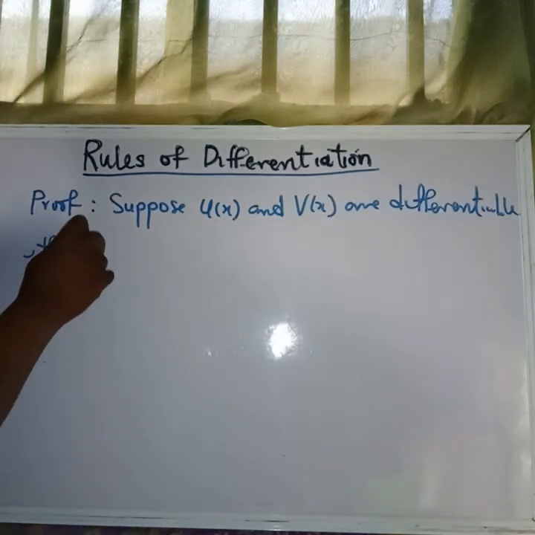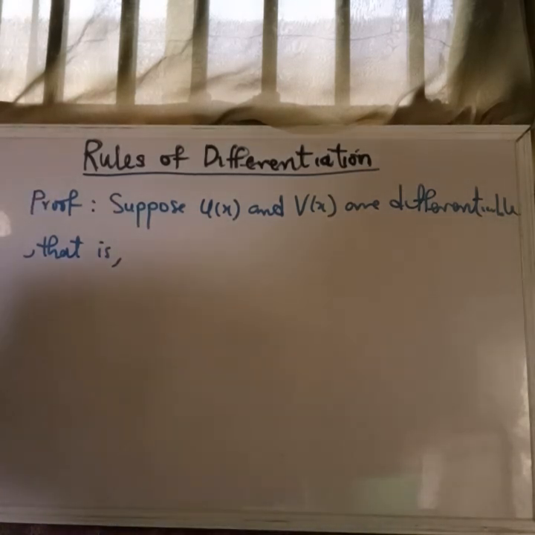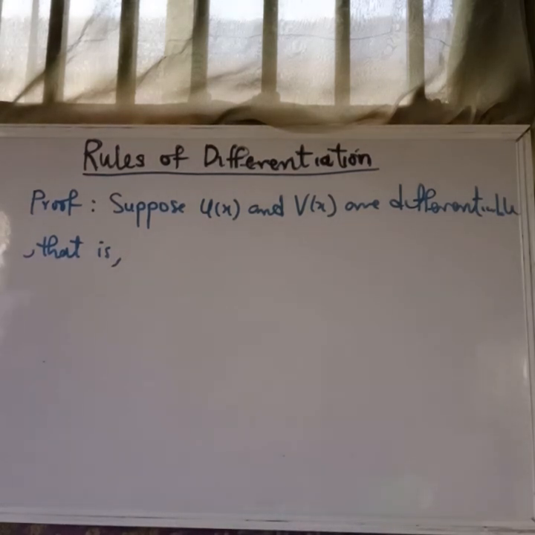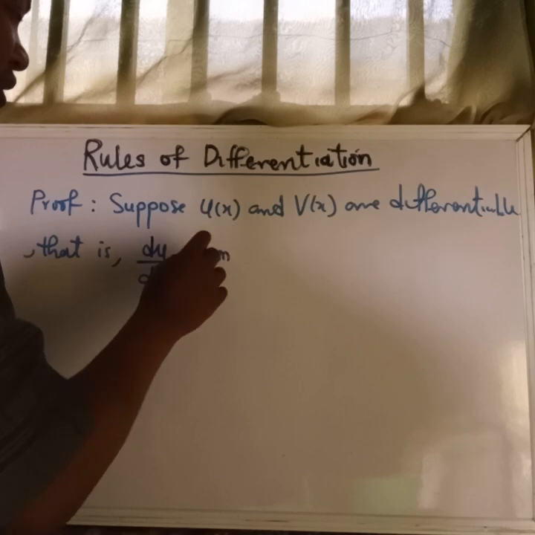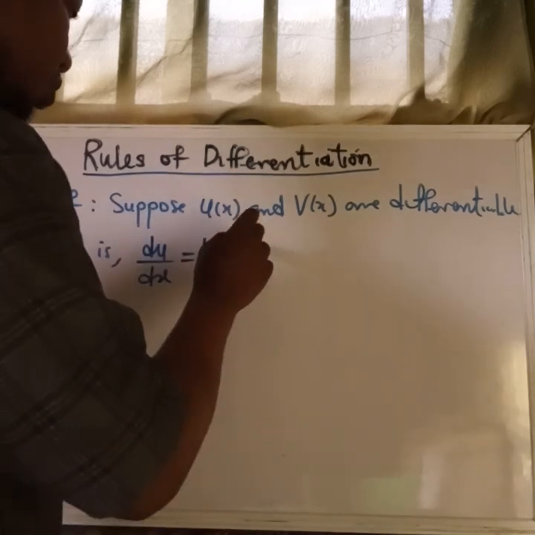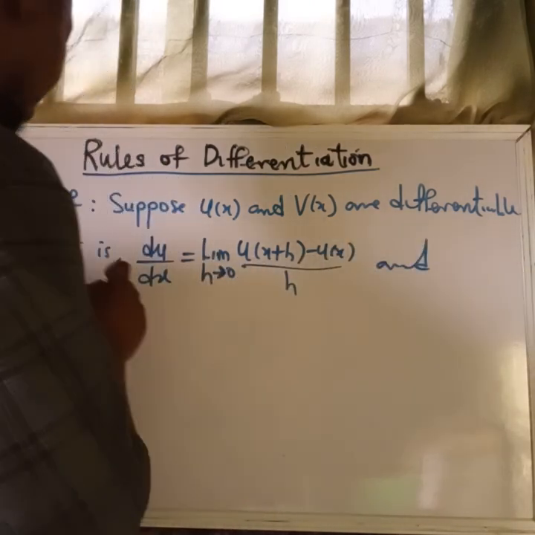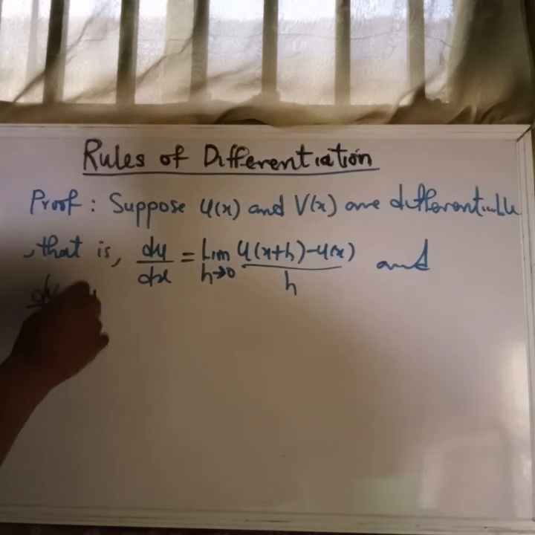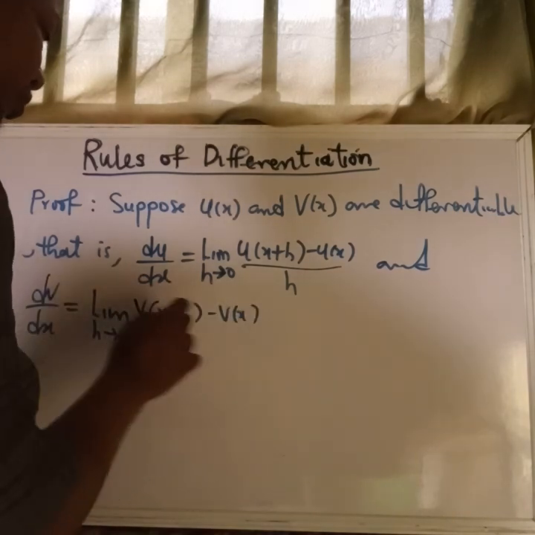And what it means when we say two functions are differentiable is that du dx is equal to the limit as h tends to 0 of u of x plus h minus u of x all over h, and dv dx is equal to the limit as h tends to 0 of v of x plus h minus v of x over h.